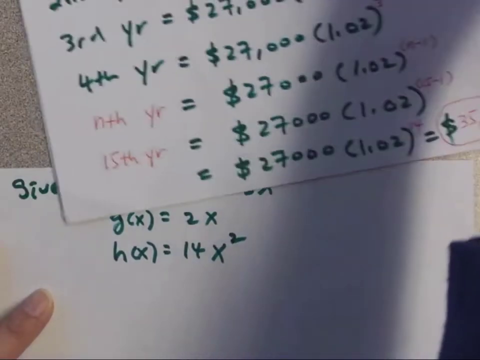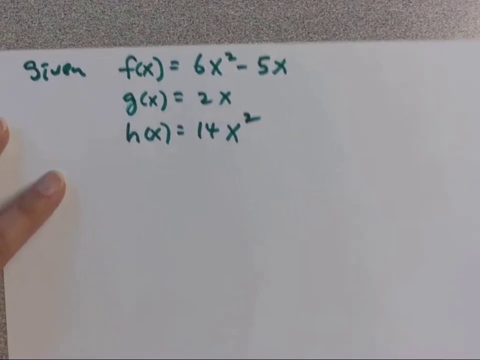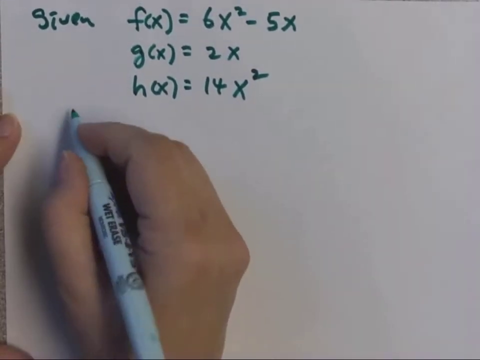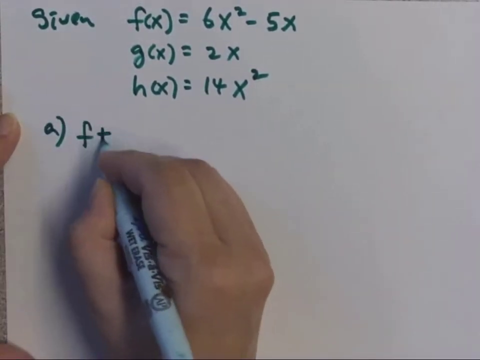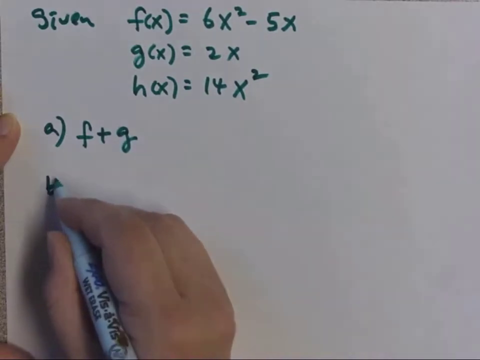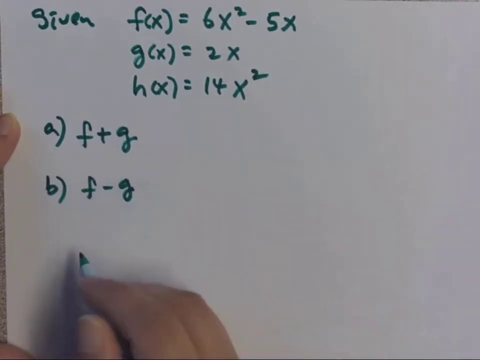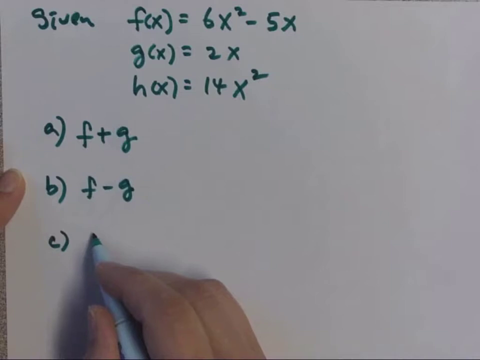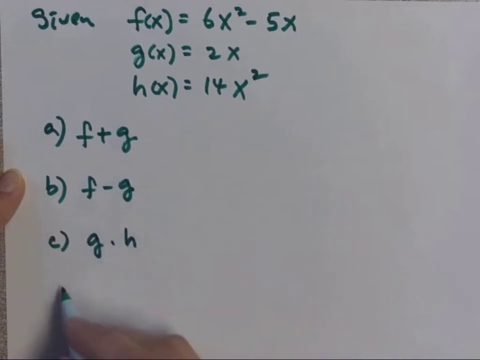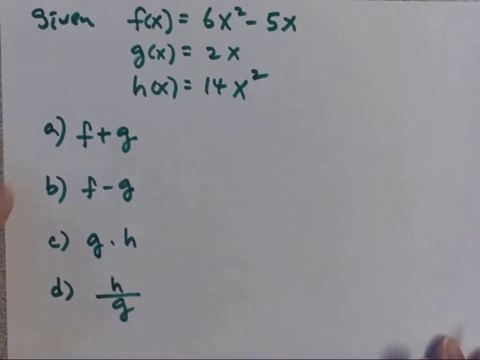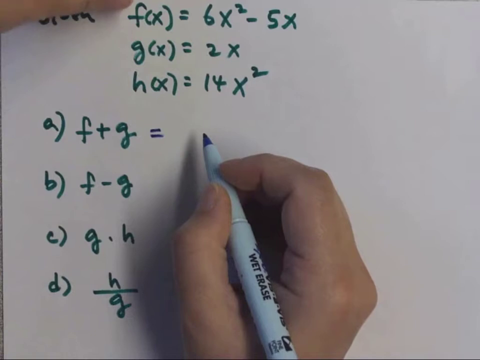Using these three functions, I want you to find f plus g, f minus g, g times h, so make sure you pick the correct function, okay? And then h divided by g. Let's start with that. I just need to add them together, right?